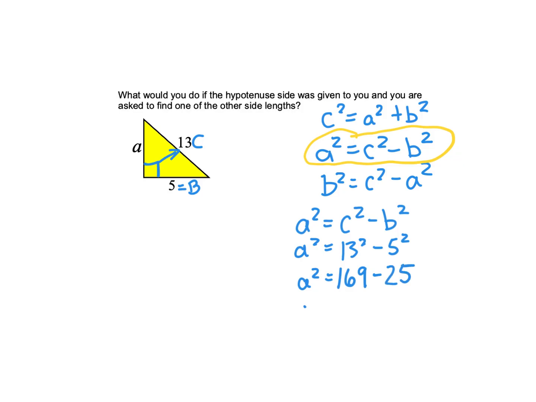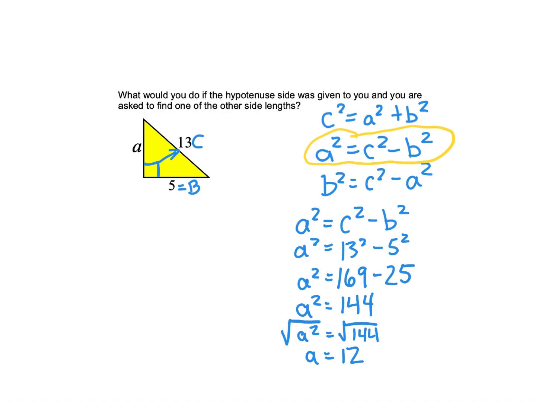A squared then equals 144. It won't make a lot of sense for us to plug this in unless we square root it. So let's go ahead and square root it. Square root of A squared equals the square root of 144. A equals 12.